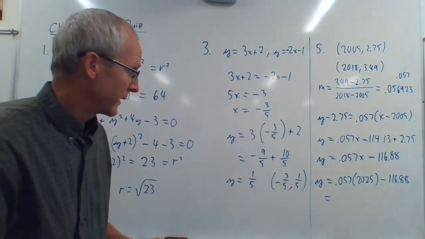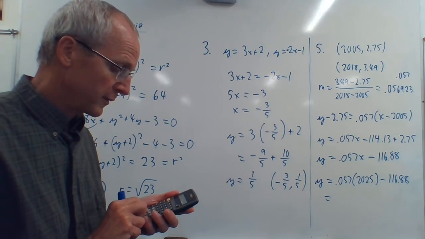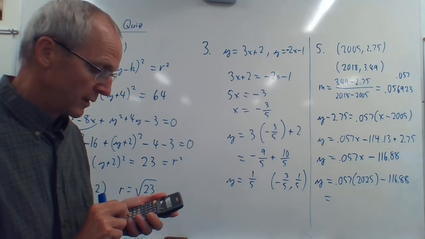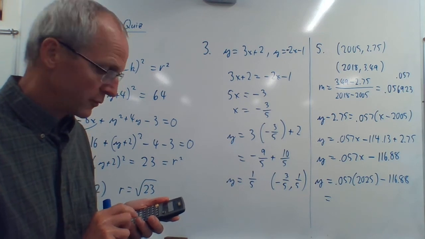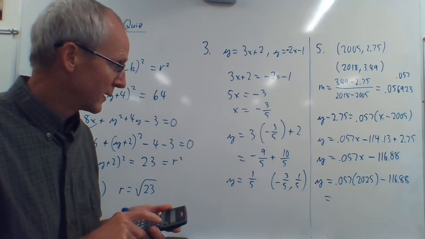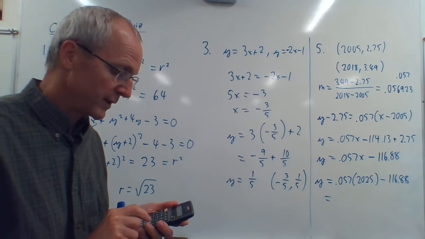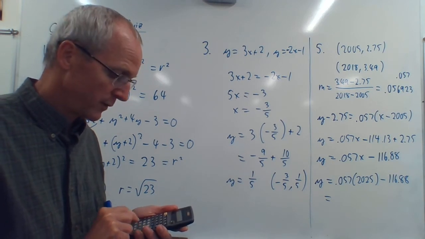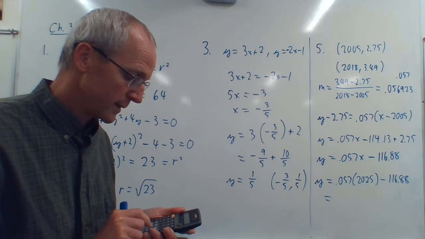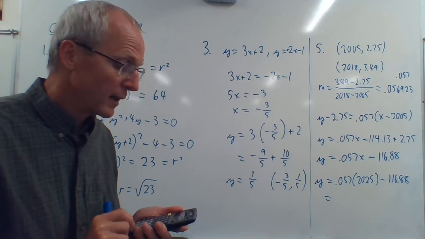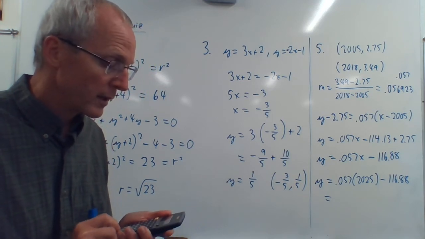So let's see what we get. 0.057 times 2025 minus 116.88.